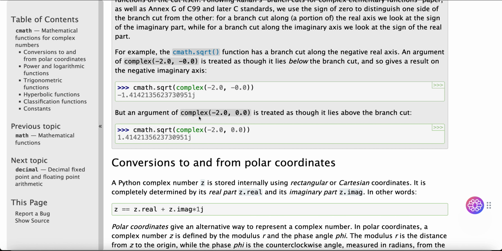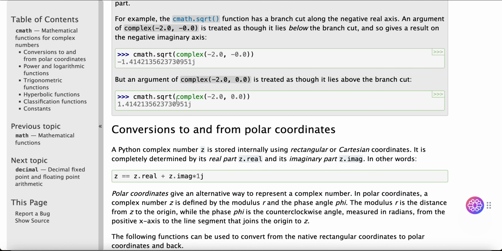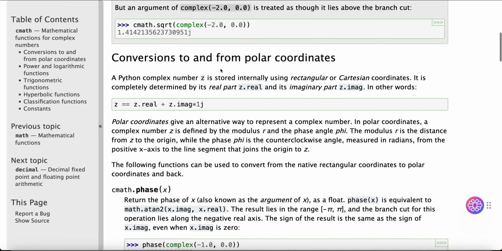But an argument of complex(-2.0, 0.0) is treated as though it lies above the branch cut. cmath.sqrt(complex(-2.0, 0.0)) gives 1.4142135623730951j.